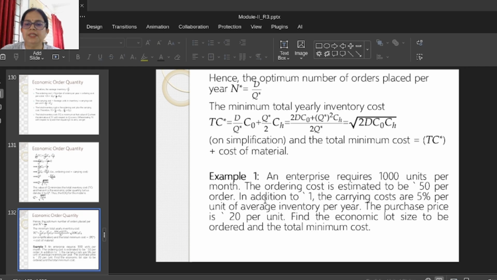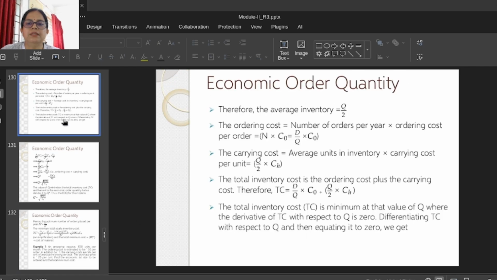Here, another thing I need to tell: while calculating the total cost, another cost is also associated with it, that is called the purchase cost. This is our ordering cost, whatever the cost associated with placing the order and managing the order.